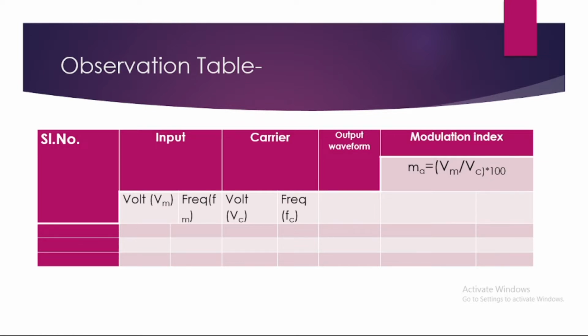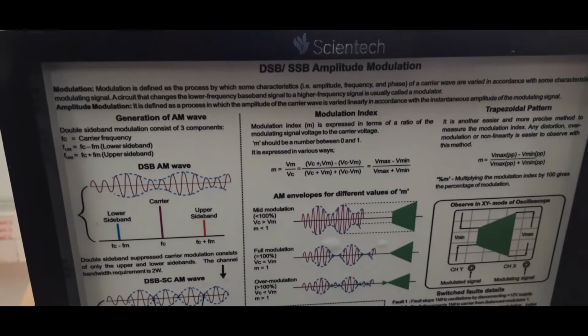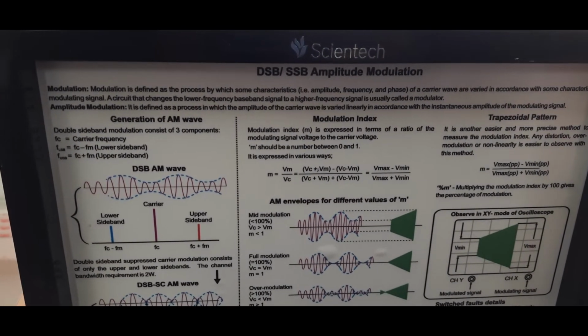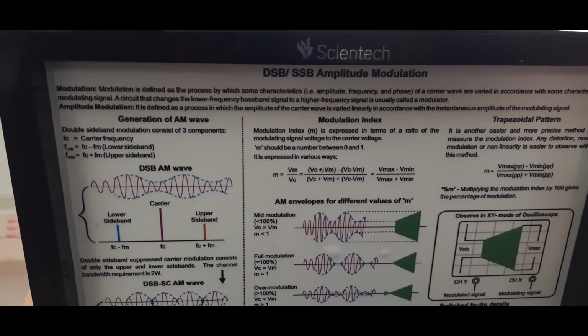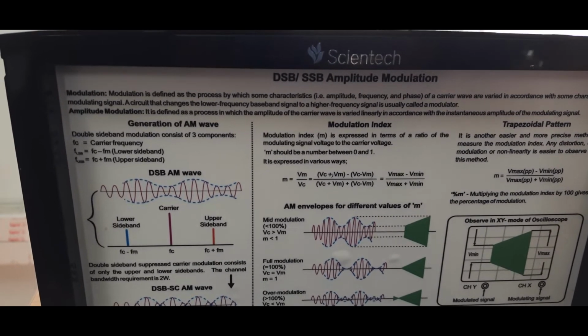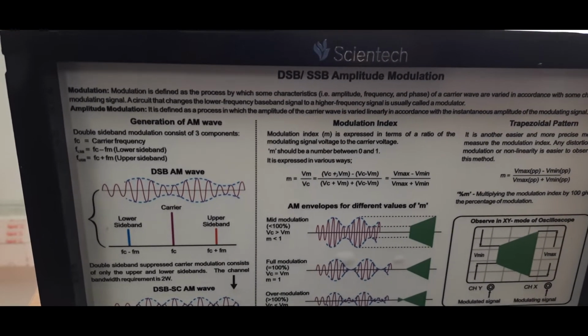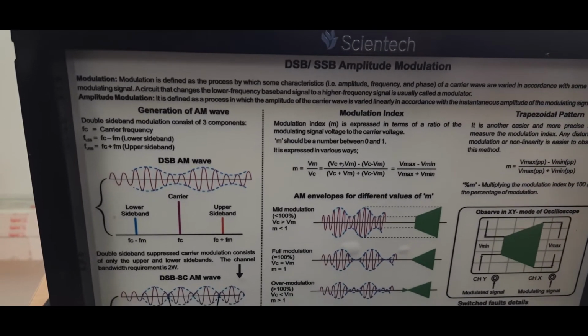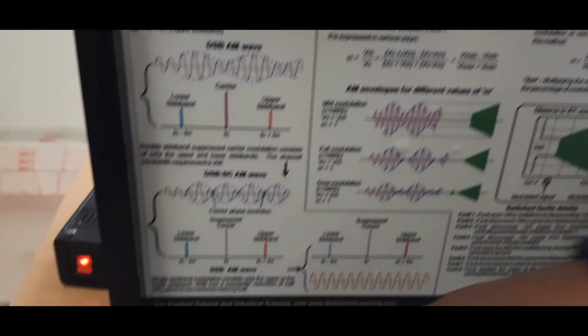Now we are going to perform the experiment using the kit. Students, before starting the experiment, you see this is your DSB and SSB amplitude modulation kit where you perform the experiment.